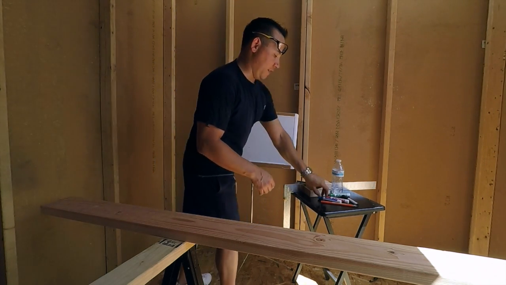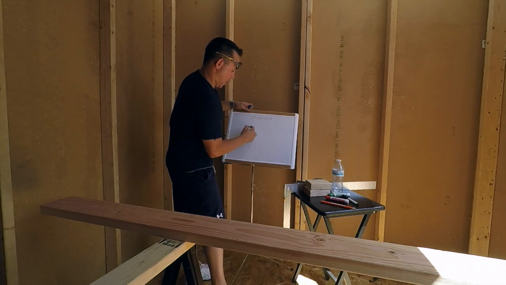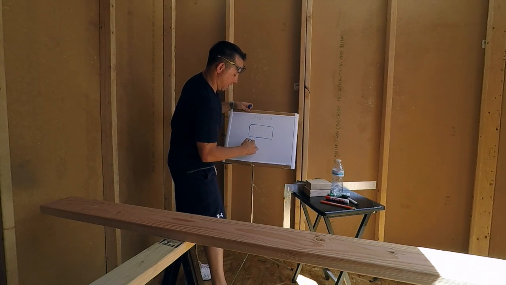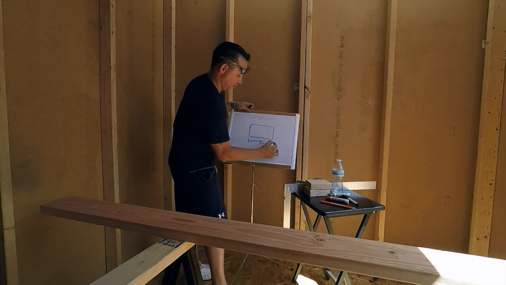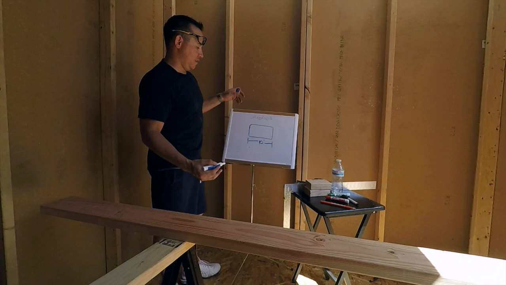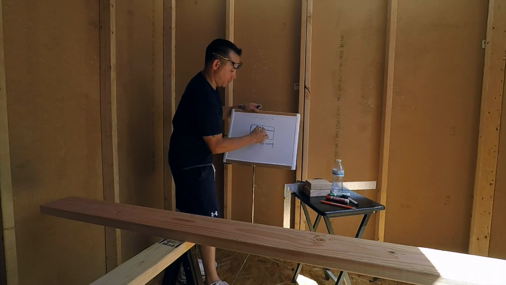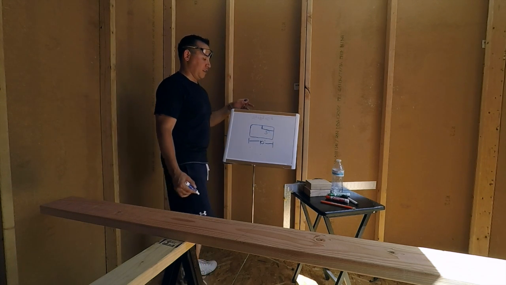Remember, whatever you're dealing with, if you have an 8-foot span, I don't even care what span you have, let's even say a 10-foot span. Always remember, you're concentrating on your run. Half of that is 5 feet.